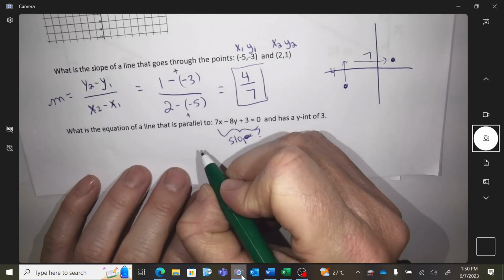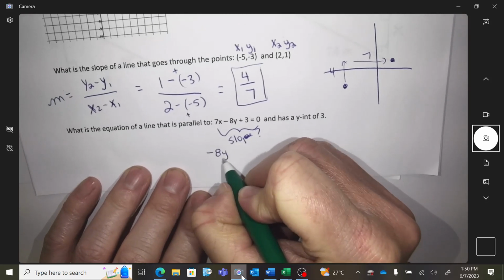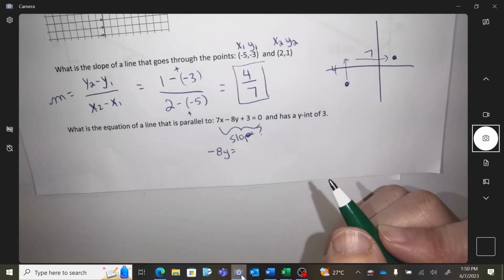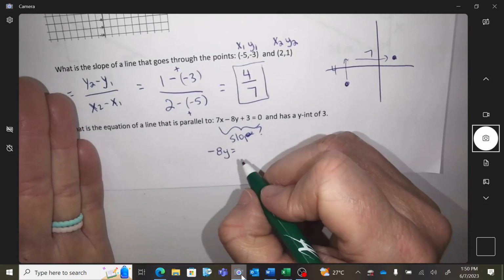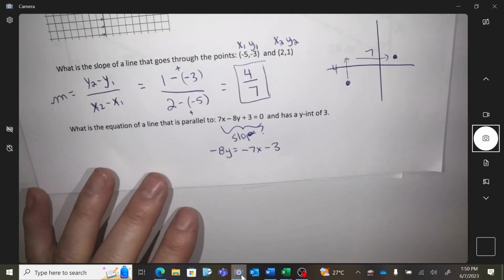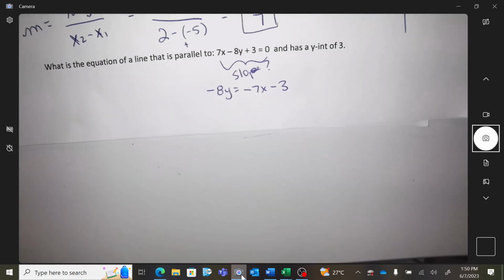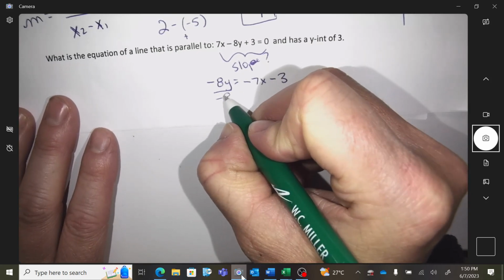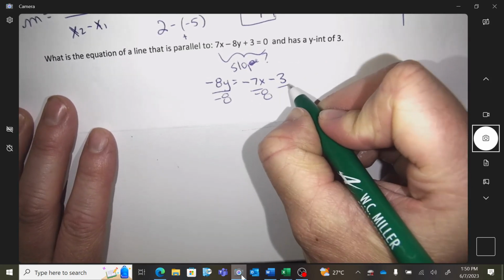So here's what I'm going to do. -8y equals, I'm trying to get y alone. So -8y, then I would move, so -7x, -3. Algebra moves. Keep y, move x, move number. Divide, divide, divide.